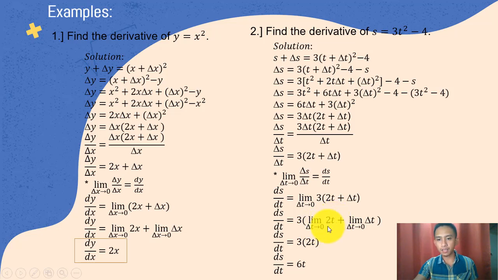Nothing happens with that. That will still be 2 and t. But the limit of delta t as delta t approaches 0 is 0, so I do not need to write that. If I now simplify, the final answer for your derivative is 6t. So that is how we will get the derivative.